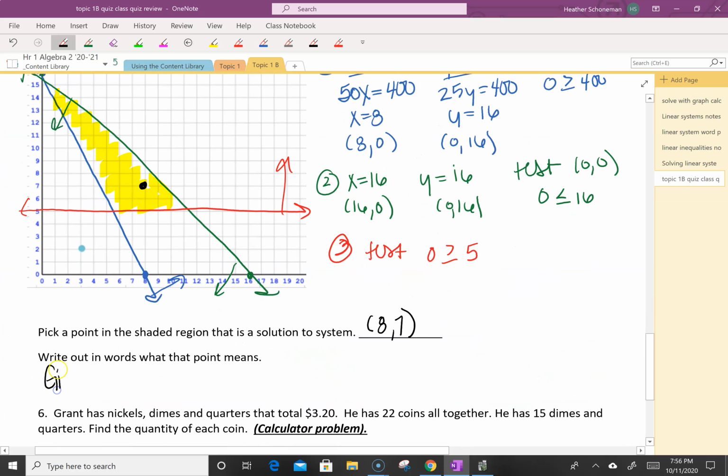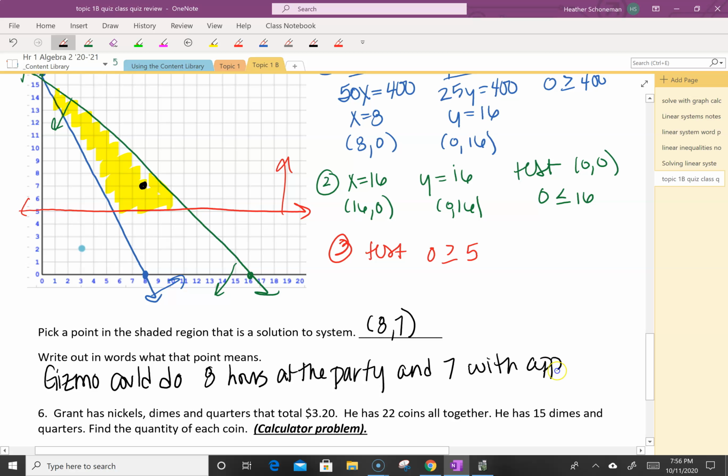So Gizmo could do 8 hours at the party and 7 with appearances.